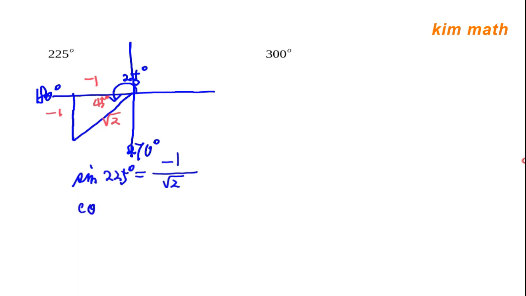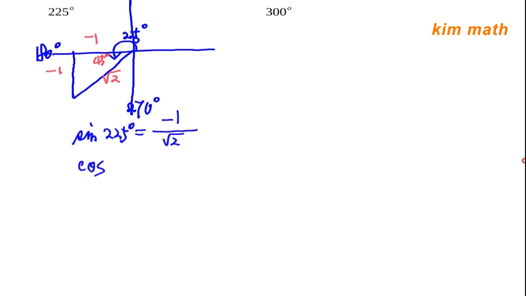Now what is the cosine to 25 degree? X over r here. And what is the tangent to 25 degree? Y over x, negative 1 over negative 1, or more simply just 1. Good? Okay, last question, 300 degree.